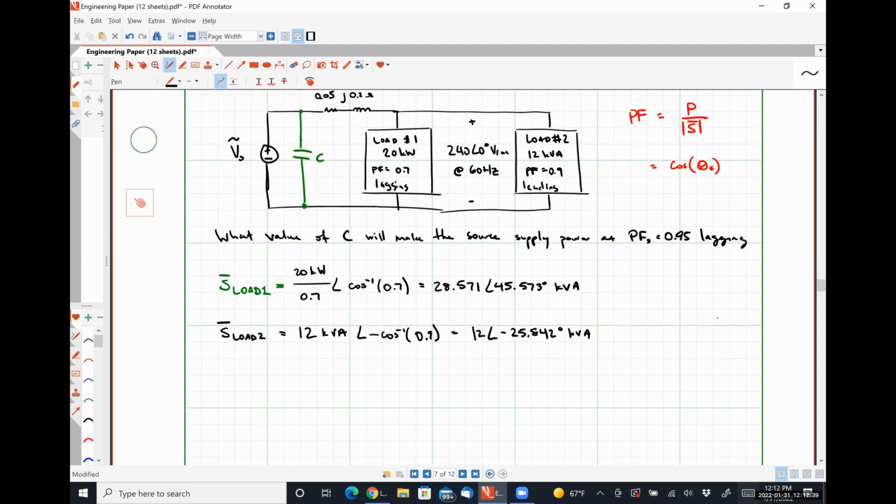And the total complex power absorbed by our composite load, those two loads in parallel, is simply S load 1 plus S load 2, which is 34.335 angle 26.227 degrees kilovolt amperes.